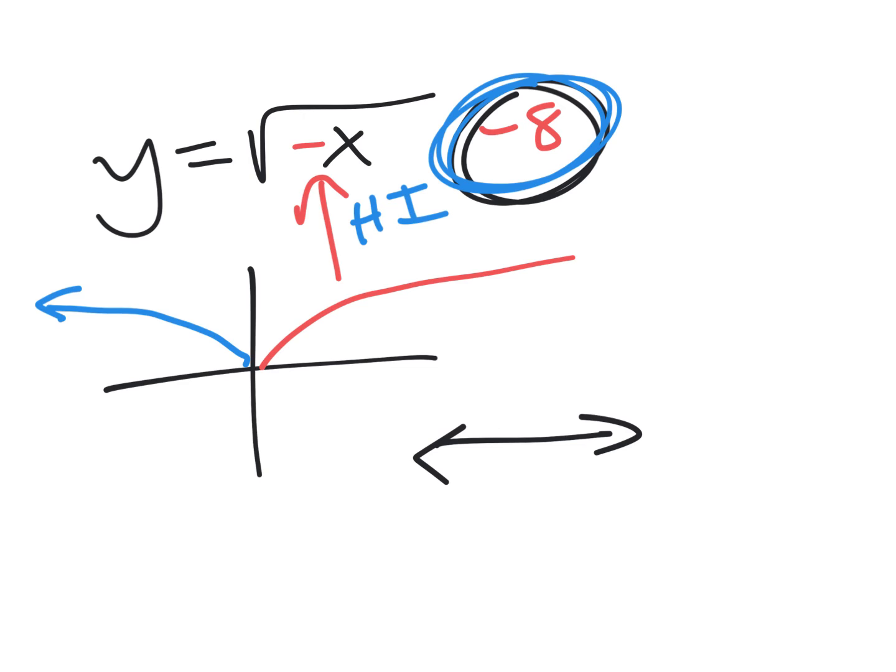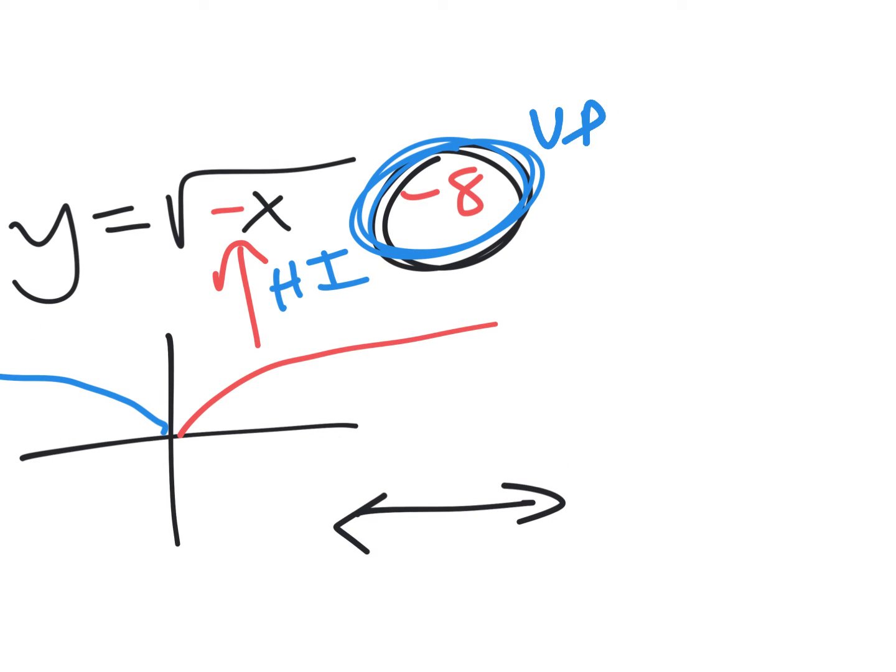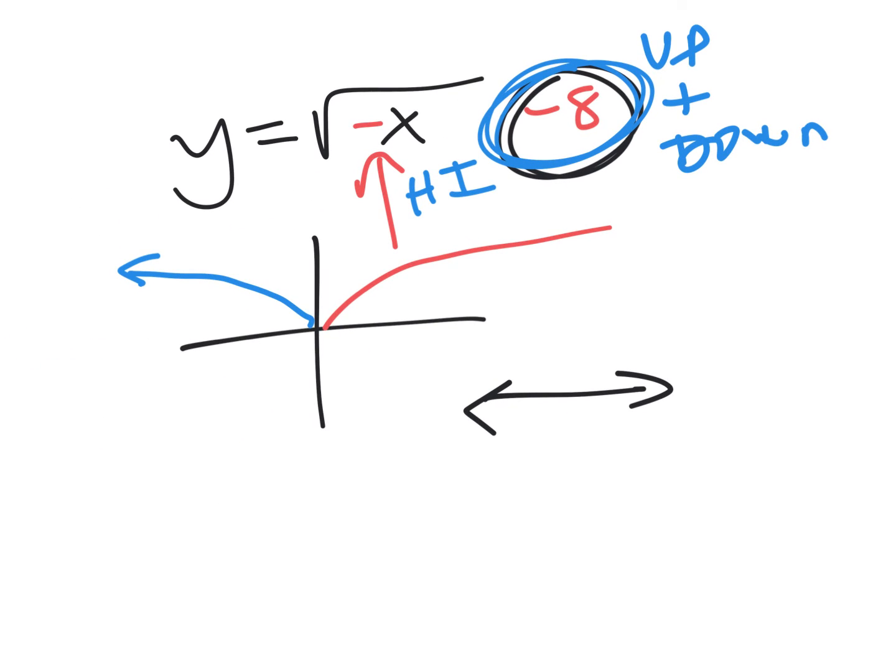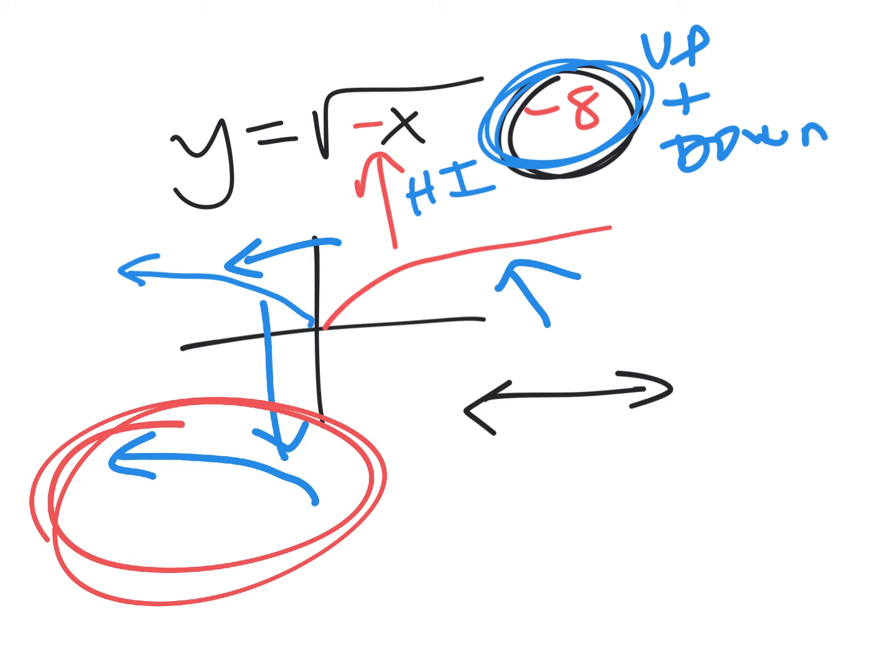Nope. If it's on the outside, it's up and down. Down. Yep. It's down 8. There's where the final answer is. It started here, it flipped over to there, and then it went down there. Final answer, right there. Okay.